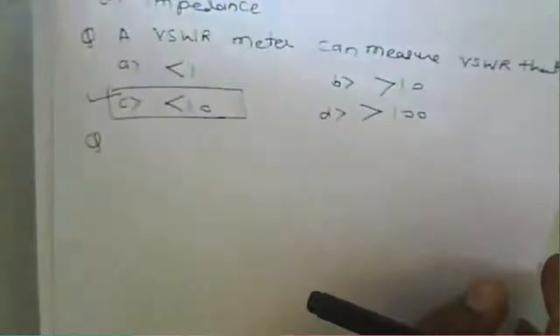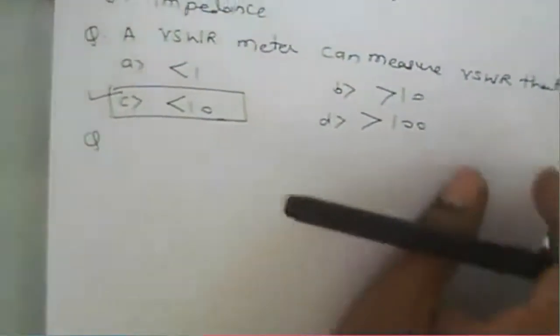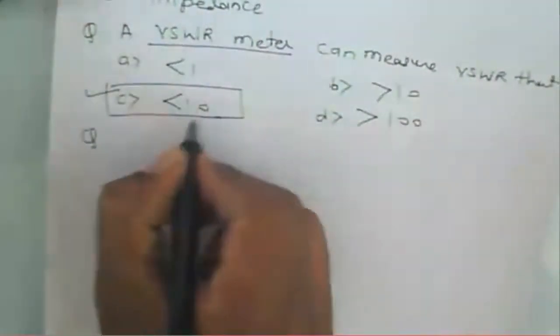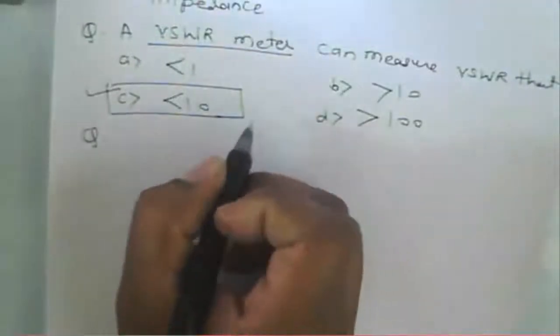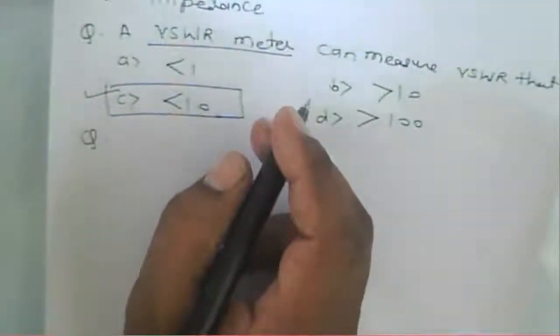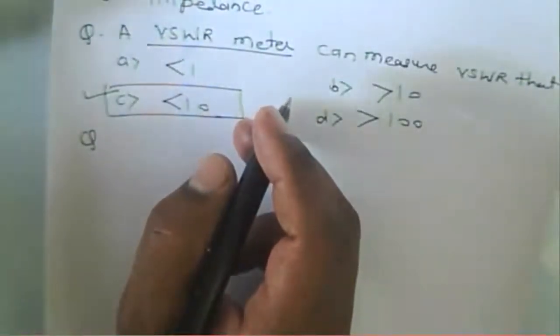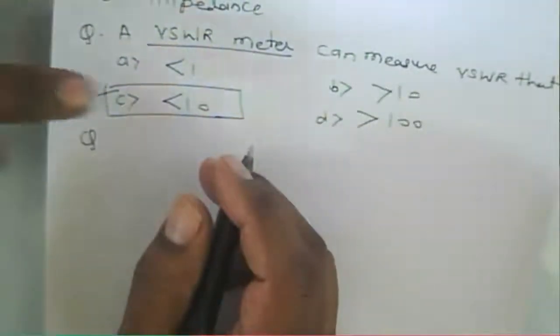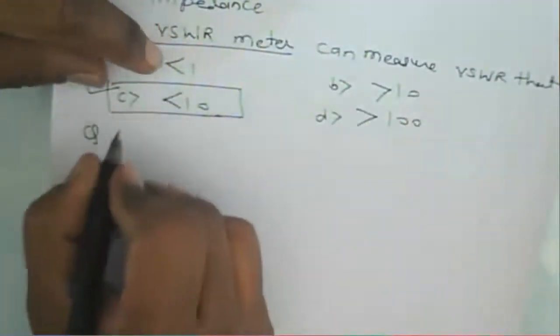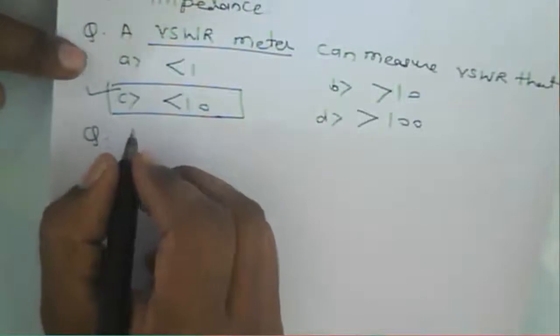So a high VSWR measurement cannot be done using the VSWR meter. We need to use the double minima method. A high VSWR, that is about 10 or more, needs the double minima method for the measurement.